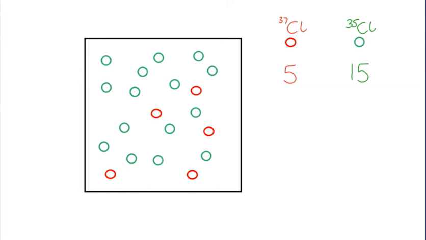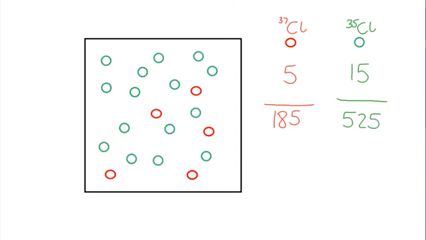So if we were to work out the total mass of the things that weigh 37, then we could multiply 37 by 5. If you type that on your calculator, you should get 185. And if we want to do the same for the ones that weigh 35, we should get 525.